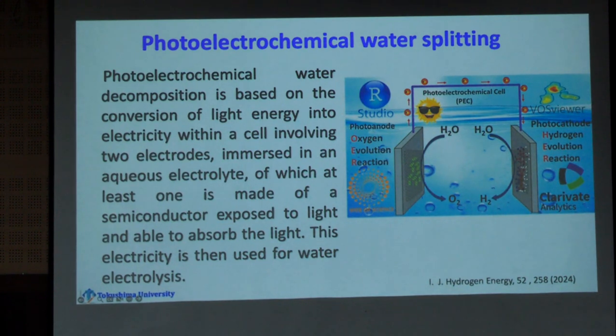Traditionally you can use two electrodes, steel and platinum. But in photocatalysis, as I told you, we are using light, because light is the main component here to create the hydrogen. If this electrode is photosensitive, then the process of splitting will be very fast. That's why we are looking for certain electrode materials that can show better water splitting performance.